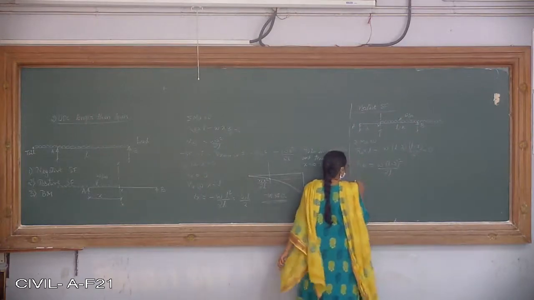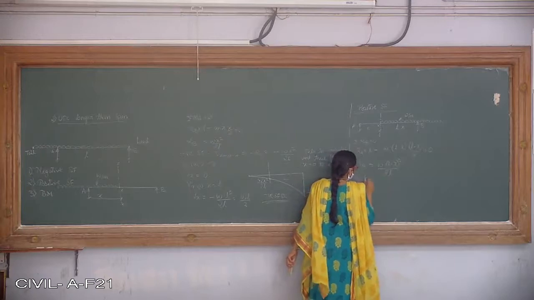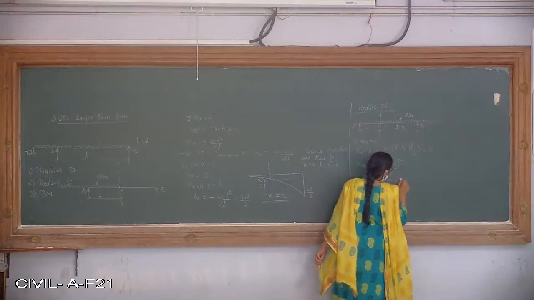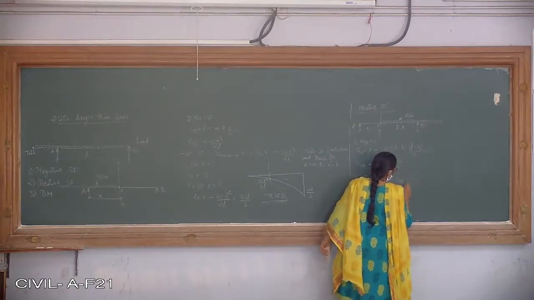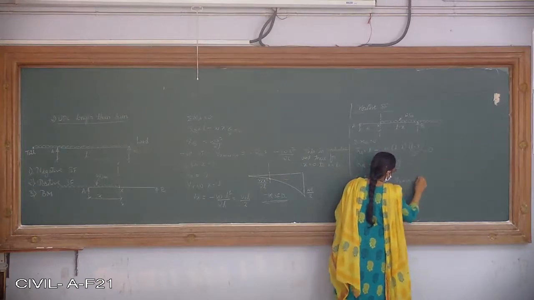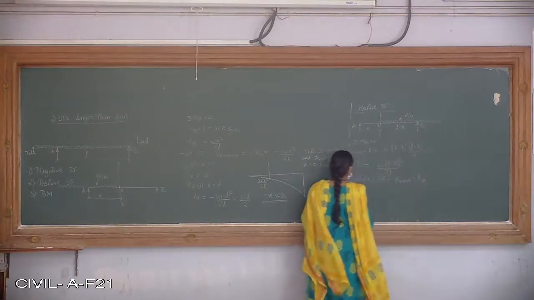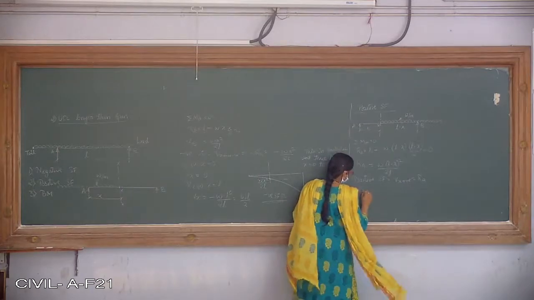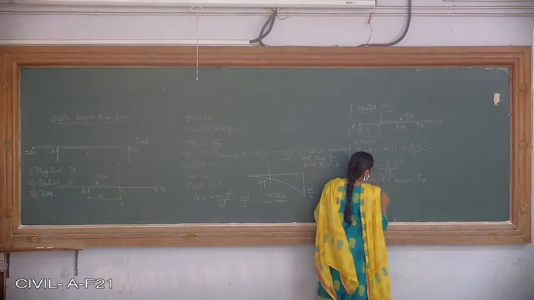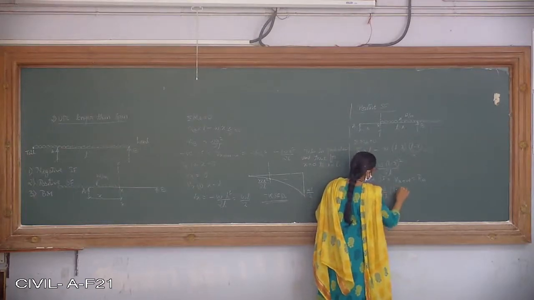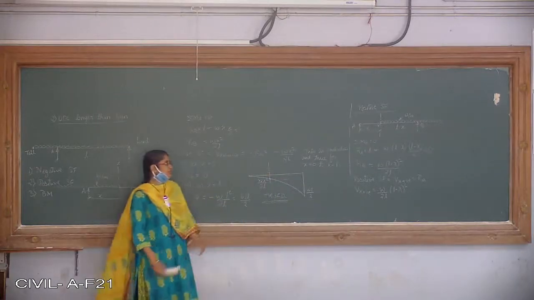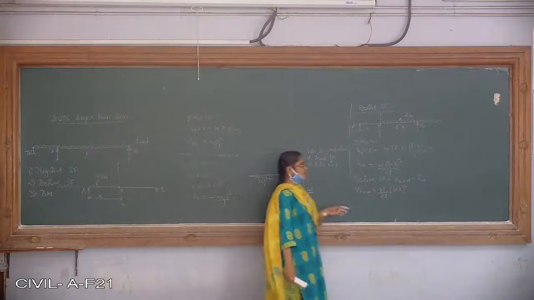So here the positive shear force is equal to Ra, that is, positive shear force Vx positive is equal to Ra. Let us put the value: Vx positive is equal to W upon 2L into L minus x whole square. Now here, as I said, the value of x will vary from 0 to L.